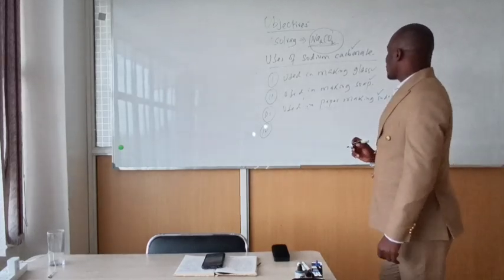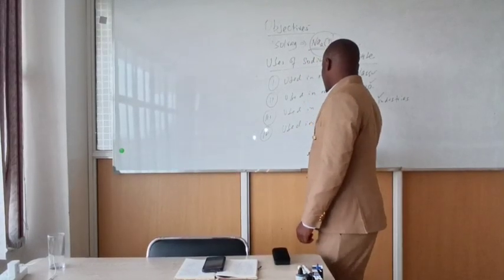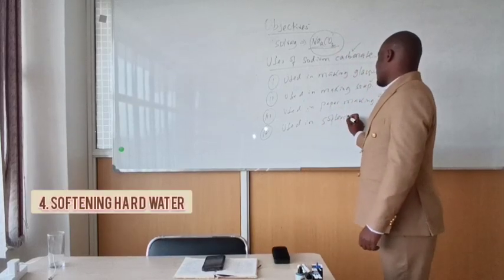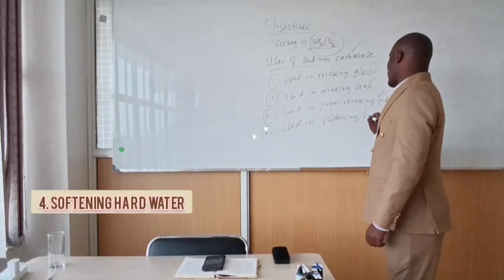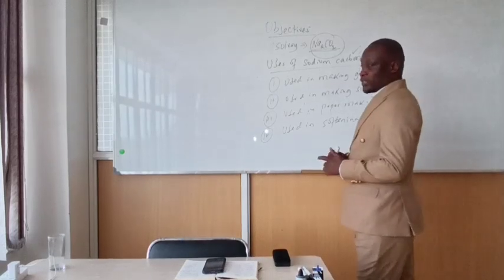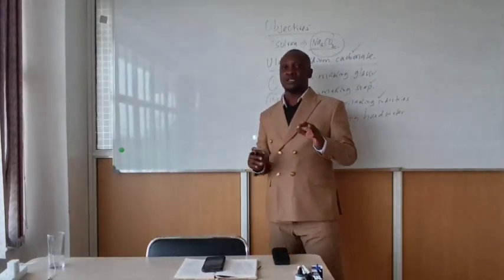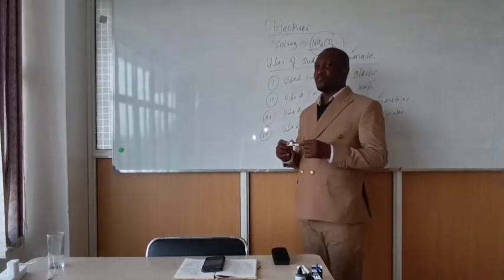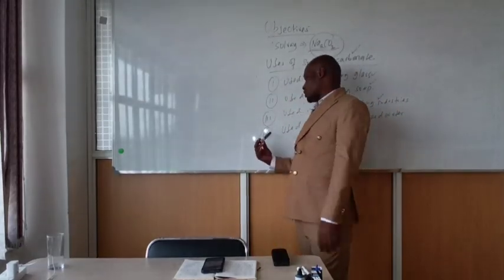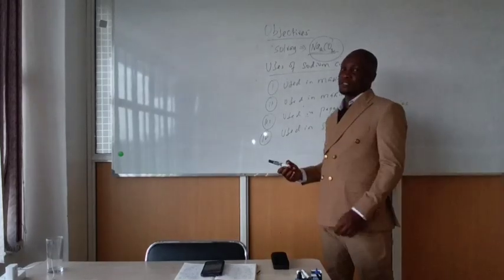And then sodium carbonate is also used in softening hard water. Hard water is water that has magnesium ions, calcium ions, sulfate ions. For some of you who are in Form 4, you handle this in organic chemistry too.